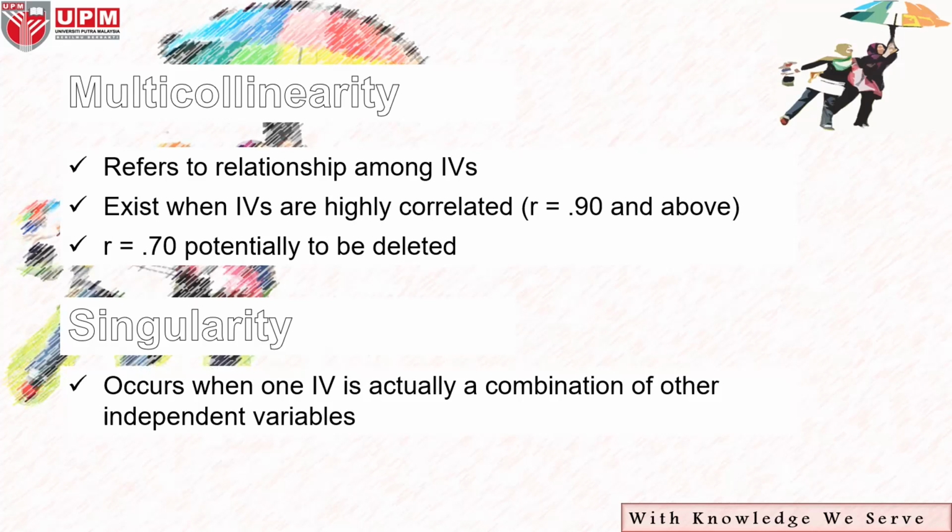Singularity refers to when one IV is actually a combination of other independent variables. For example, in the instrument for your IVs, one IV consists of items that are connected to or measuring another thing. This will be connected with your validity.